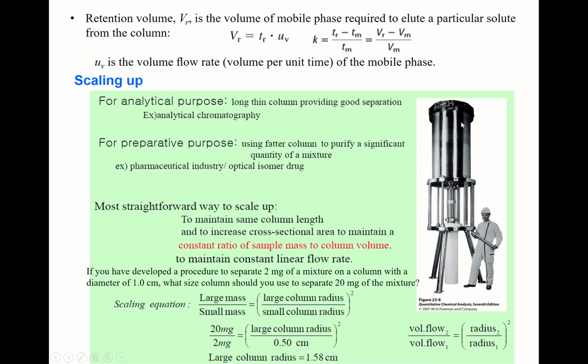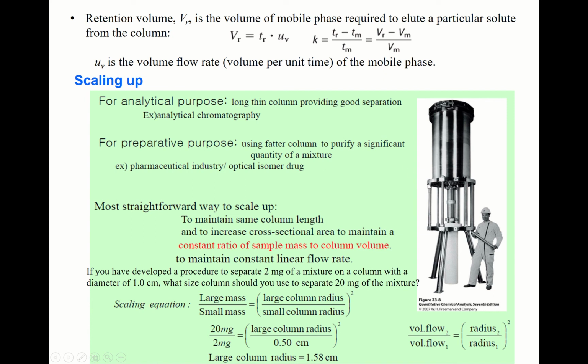You see, this column is really big. Why big? Because you want to deal with a large amount of mixture. The mixture contains a large amount of solutes, and you want to separate them. In that case, you have to scale the chromatography up quite a bit.